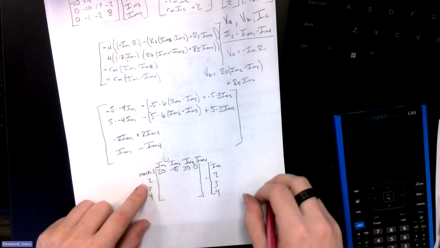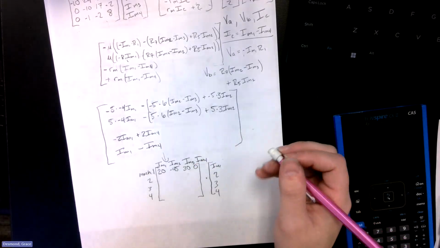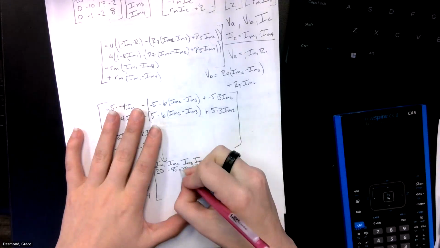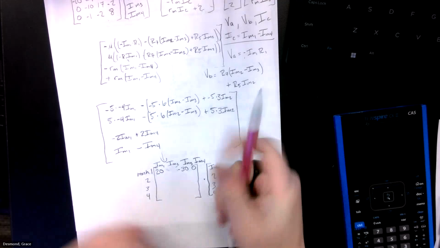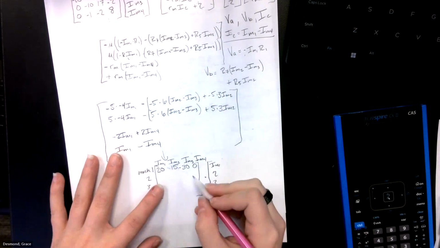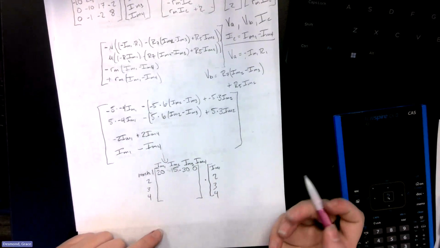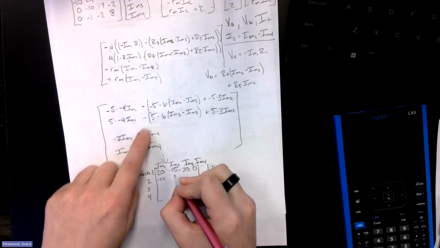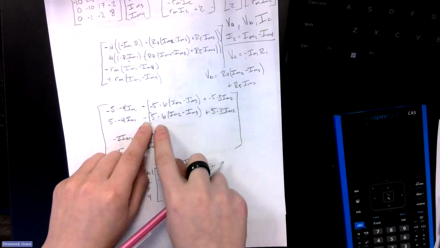Ah, crap. Good catch. No, good catch. Right. Yes. Positive. Right. And this one's going to be the exact opposite. Negative 20. And then we have negative 30 plus 15.